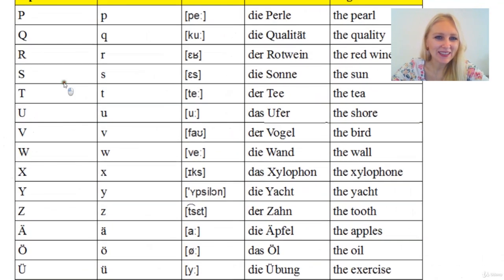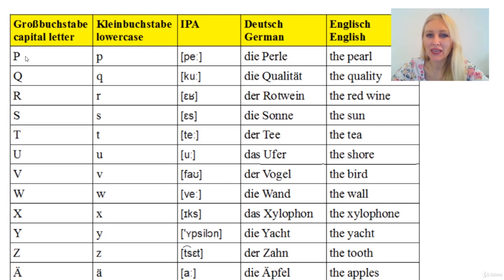So here, let's see. P, okay, P, die Perle. Q, die Qualität, die Qualität. R, der Rotwein. Okay, you will see in one of the next chapters, I will teach you some pronunciation rules. Why an R here is pronounced as R, which comes from the throat, and maybe with words like Ufer, here it's just pronounced like an A. Okay, you will learn it all in this course.